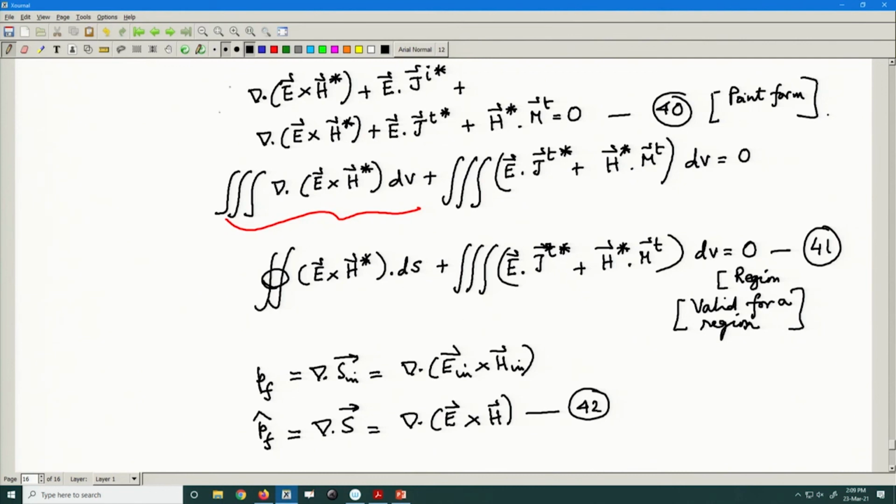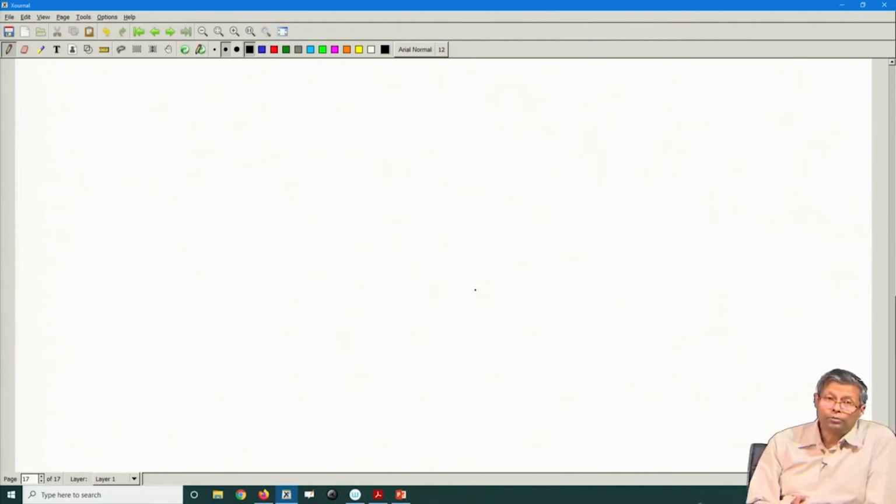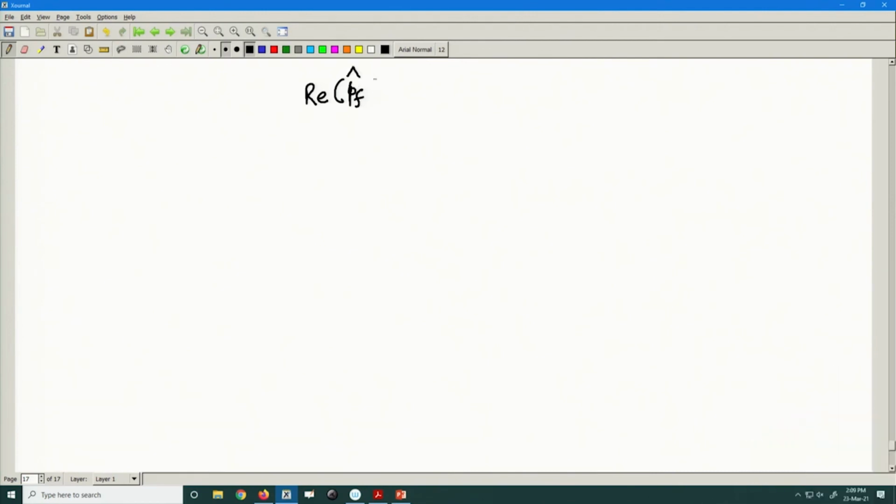Now, the real part of this is the time average volume density of power leaving a point. So, the real part of P_f hat is P_f tilde, the time average volume density of power leaving a point.